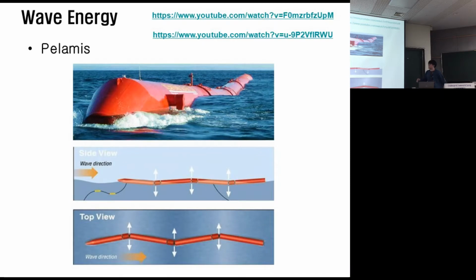Wave energy is different from the tide energy. Wave energy uses the momentum of the wave, and because we have such fluctuations, we can install rigid, or a bit flexible, objects on the surface, and the waves will deform those structures.